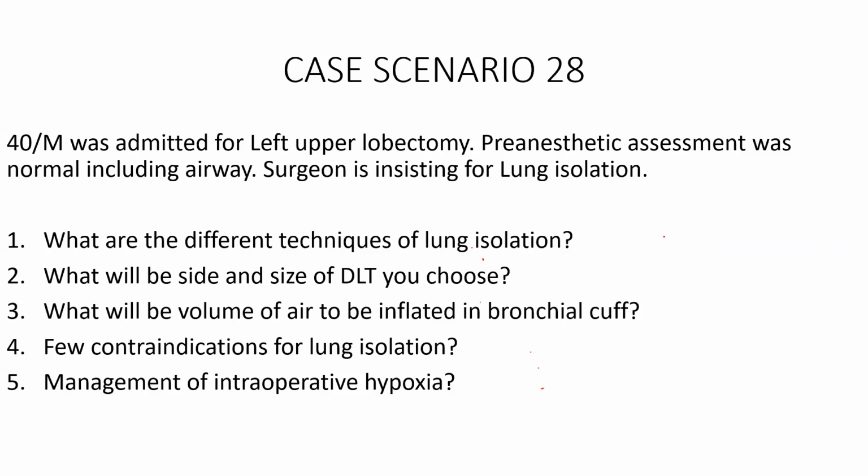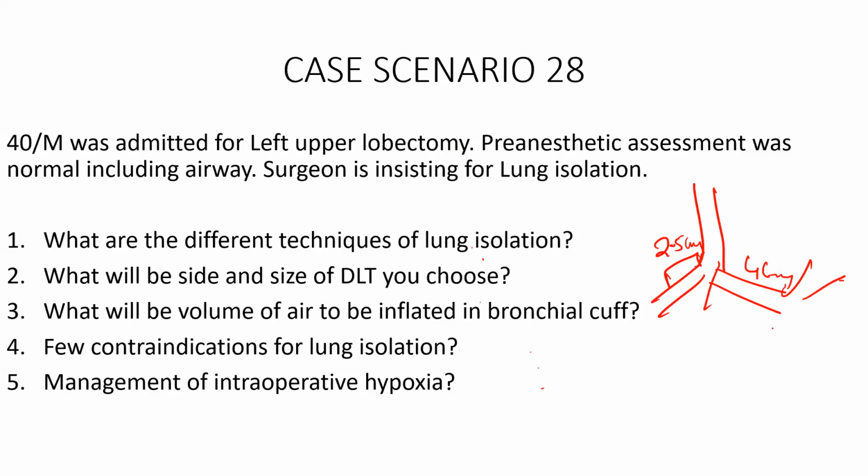Okay, so why is upper lobe ventilation difficult? Because it is more angulated, and the right upper lobe bronchial branch comes very close to the carina. It is just at a distance of how much? 2.5 centimeter, whereas the left upper lobe bronchus is at a distance of 4 centimeter.